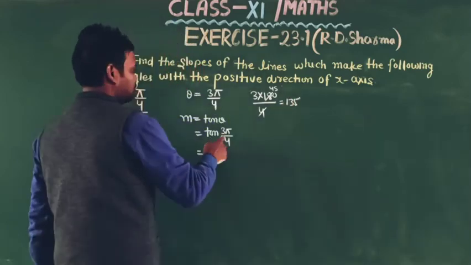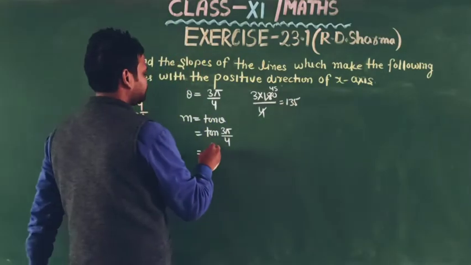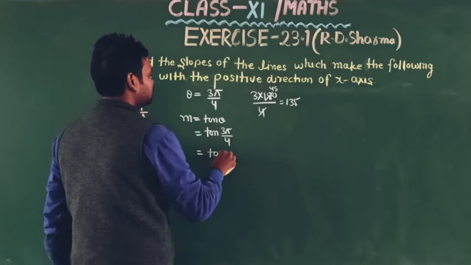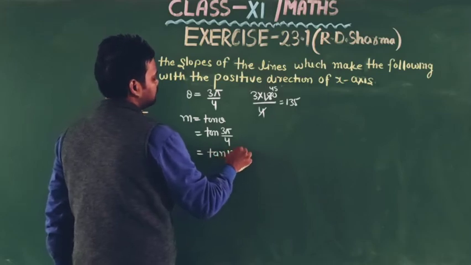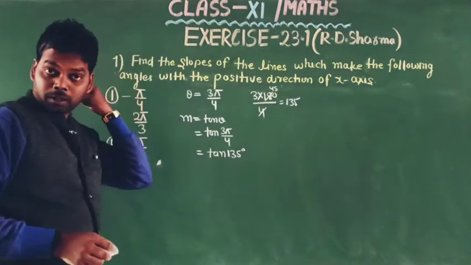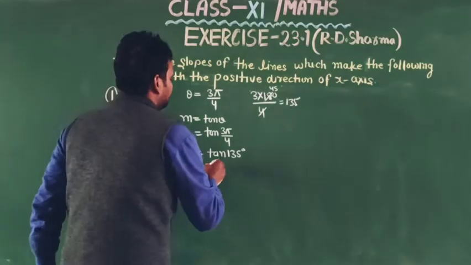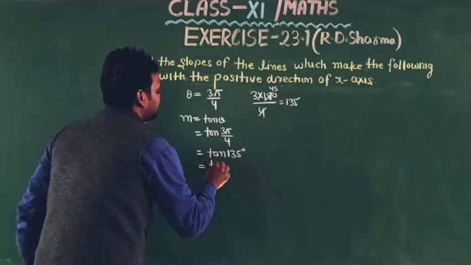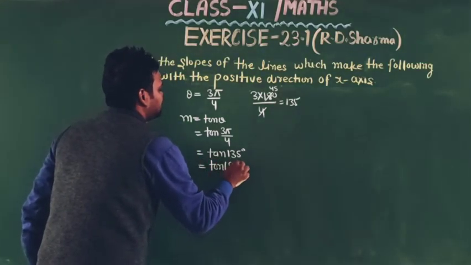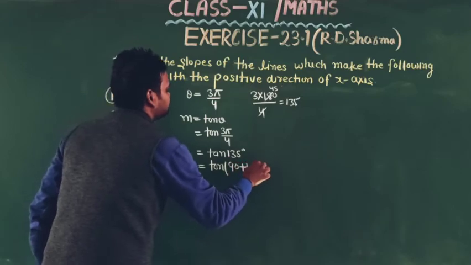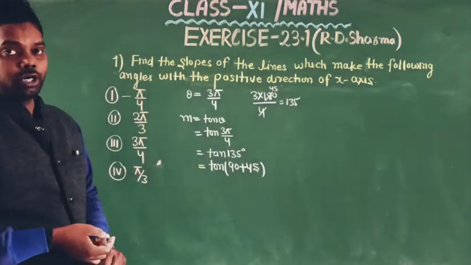So this is the value of tan 135 degrees, which is written as tan of 90 plus 45.